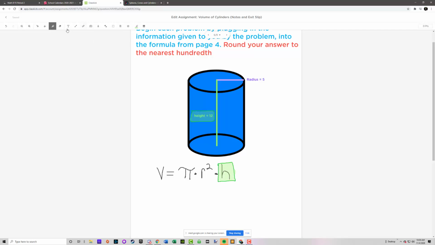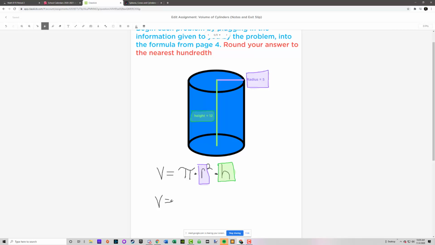Okay? What are we going to plug in for the radius? Right, we're going to plug in 5 because the problem tells us that the radius is equal to 5. So let's just plug in the information that has been given to us.